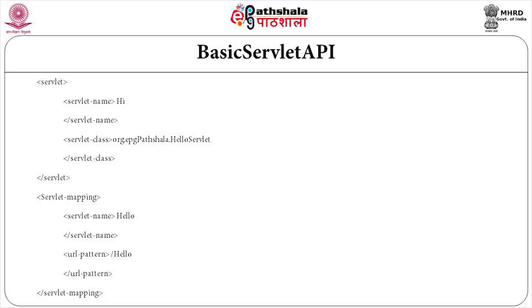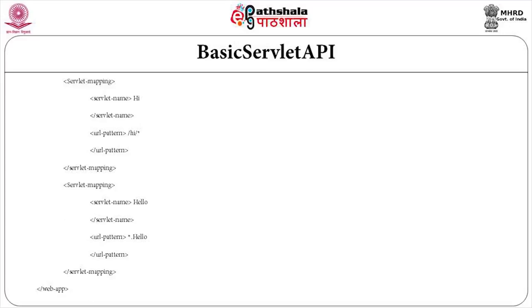Another servlet mapping we will put with the servlet name as hi, and the URL pattern /hi/*. So the URL to be used to access this would be hostname/sample, because that is the application name, then /hi/ and you can use anything, any extent of the path you like. That is another thing you can put in another mapping.